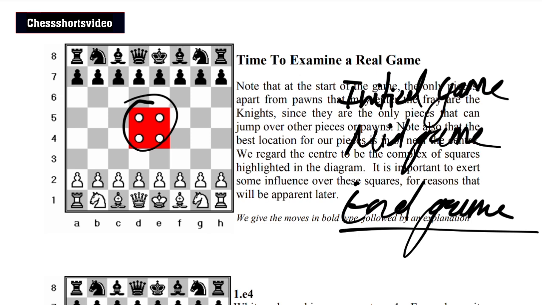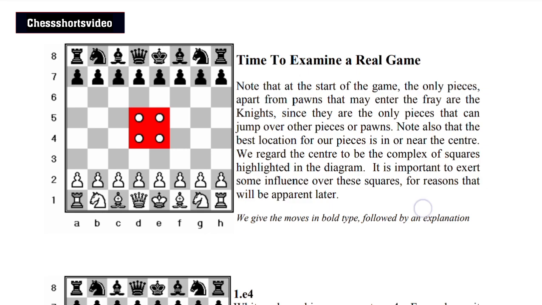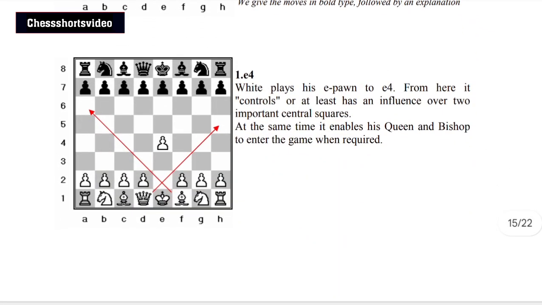Always try to cover the center. If you cover the center, your opponent has less opportunity to move the pieces. If they have less opportunity to move and you maintain your game, at last you will be the winner. So always remember, the center is very important.